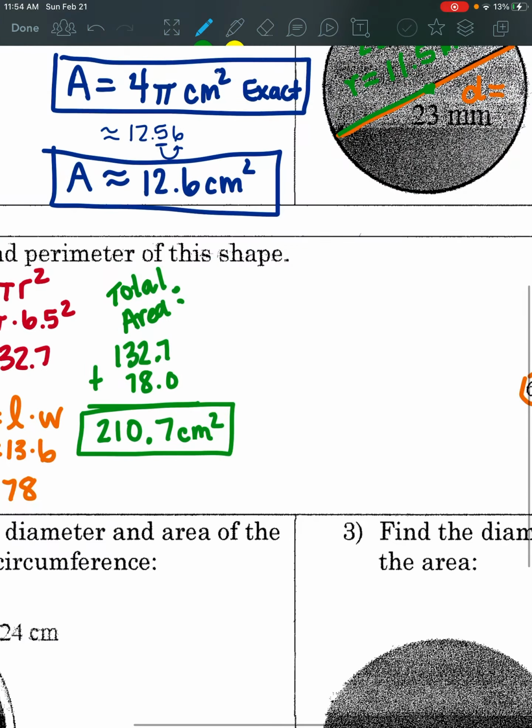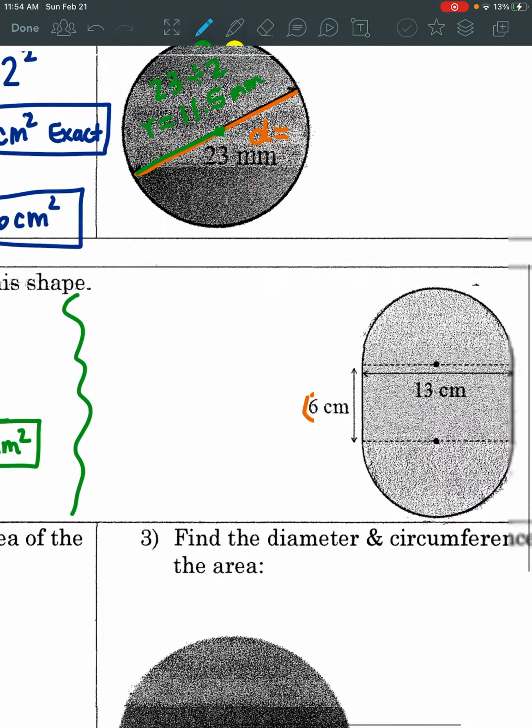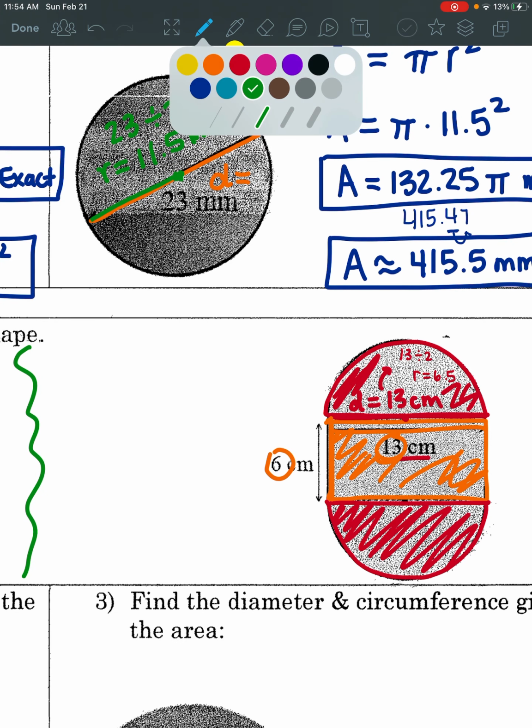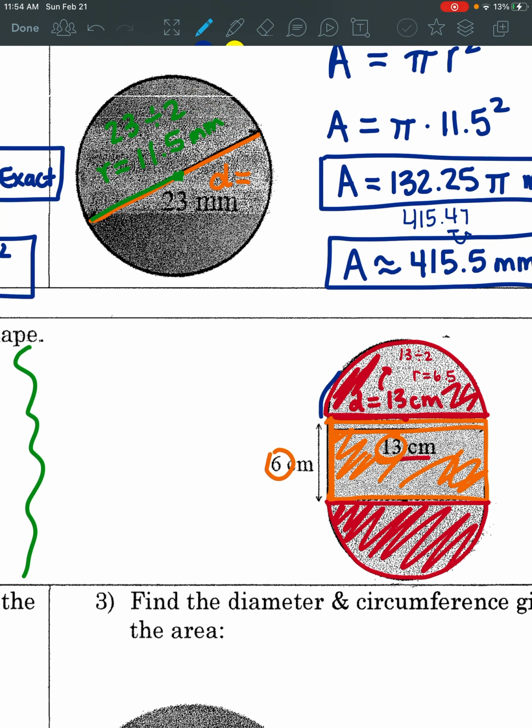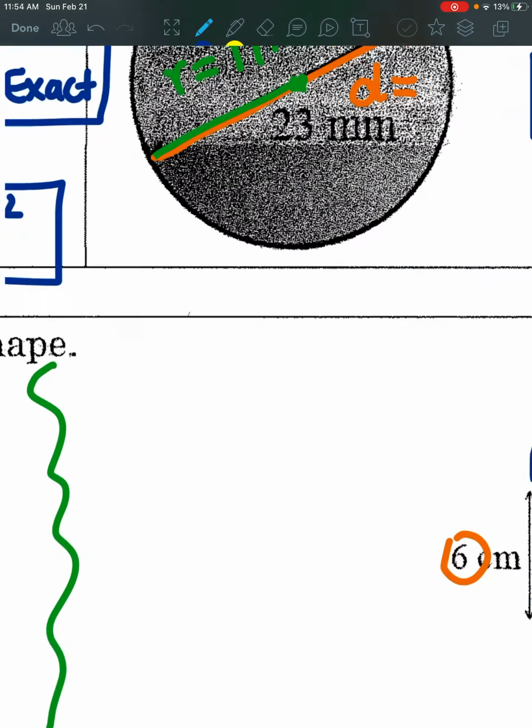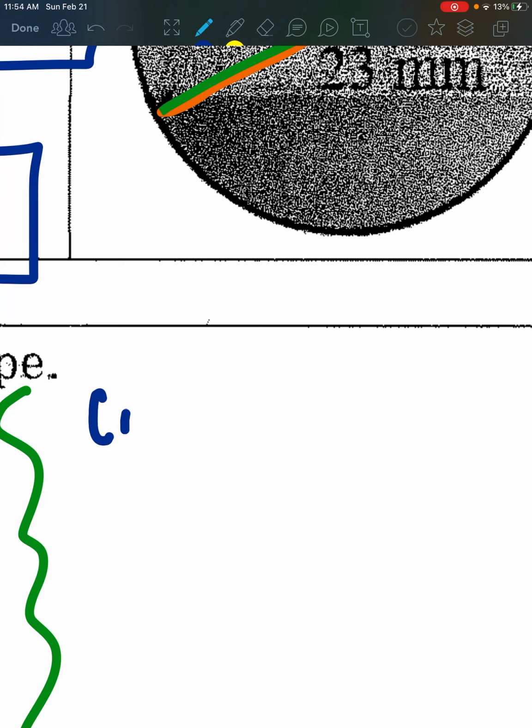All right, then last step, it does say find the perimeter. So we would actually need to find the circumference of the circle. So that would be here and here. And then we have 6 and 6. So perimeter, remember, is everything on the outside. So we would want to find the circumference.